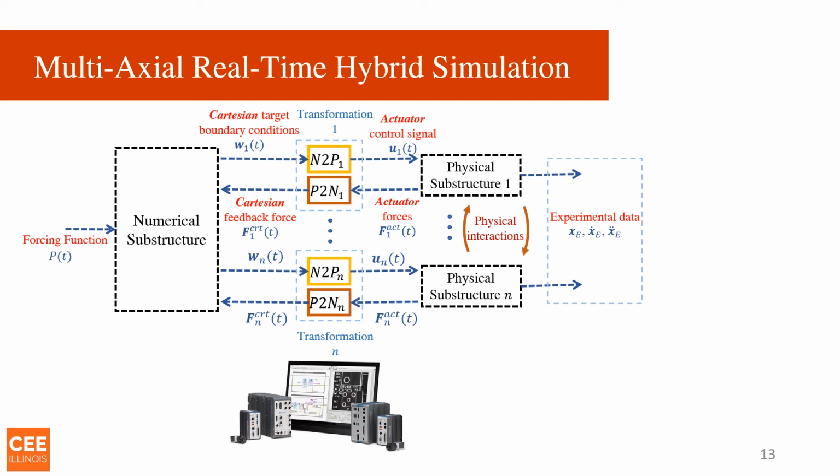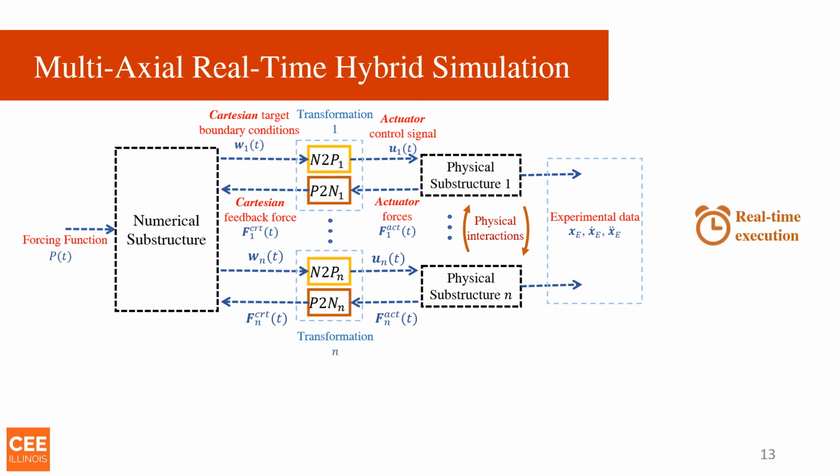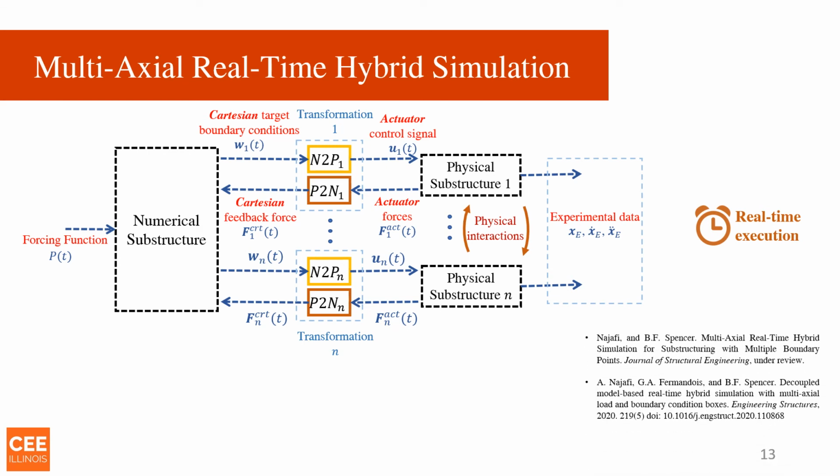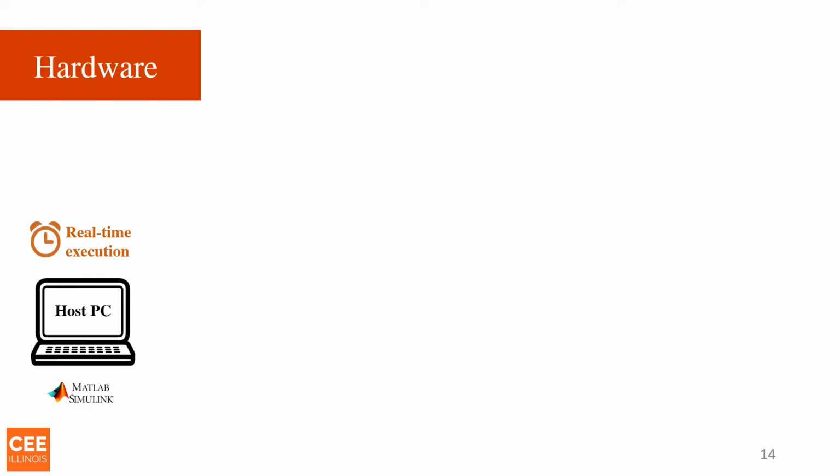This part is also computational. Now, all of this is done in real time at very rapid frequencies of 1,000 hertz or more. Some of the literature that came out of these studies is listed here.